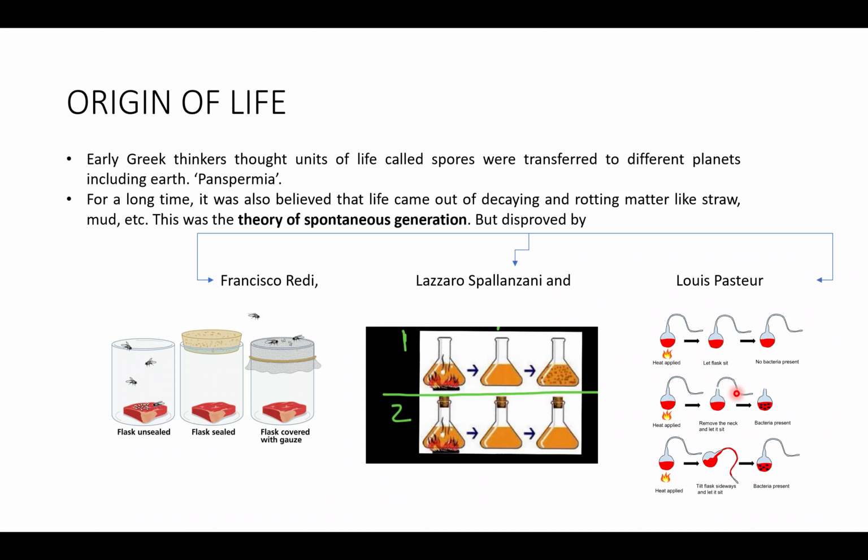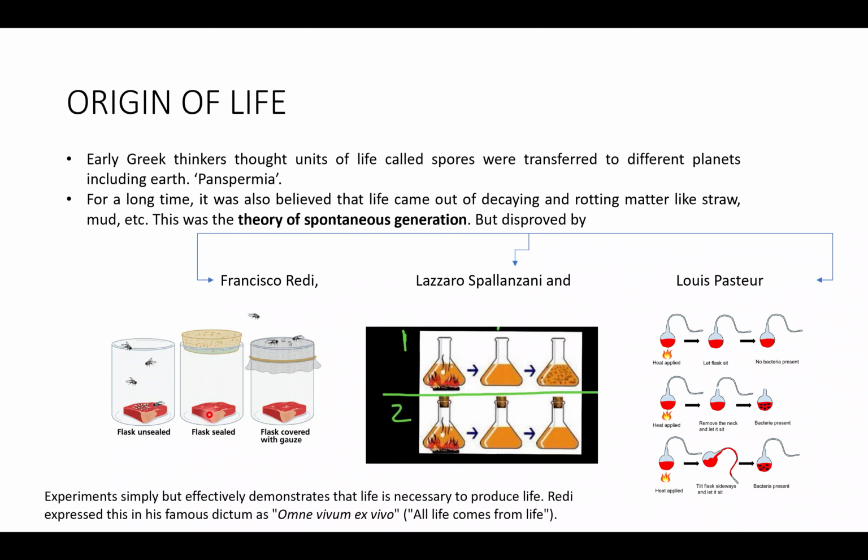When he broke the swan neck, the media was able to come in contact with the outside air, and this outside air has different types of microbes, which were then able to grow in this broth. So by these three simple experiments, these three people were able to disprove the theory of spontaneous generation, that life originates spontaneously out of decaying and rotting matter.